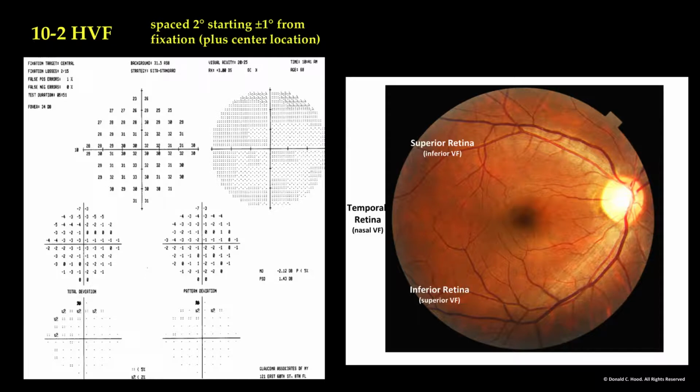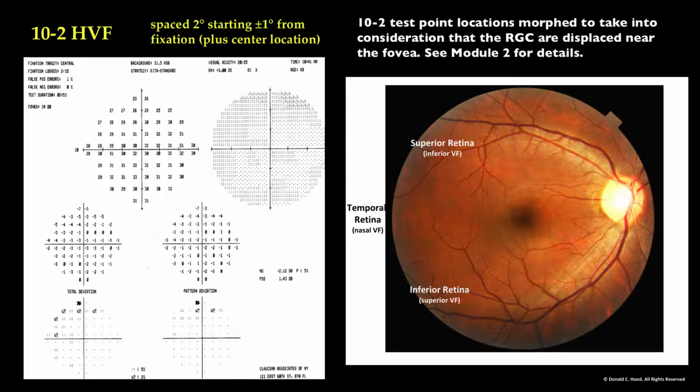All right, just to put this in perspective, let's go back to our fundus view and put these 10-2 points on top. You'll notice that they've been morphed, right? You can see the spacing here is not equal, even though the spacing to the left here is equal. This is superior retina, inferior visual field.